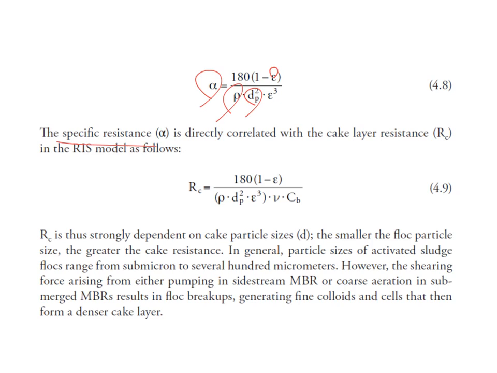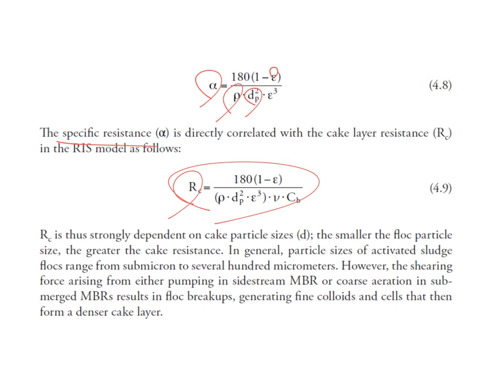And this specific resistance is directly correlated with the cake resistance using this equation, which means the cake resistance is inversely proportional to the scale value for the particle size.